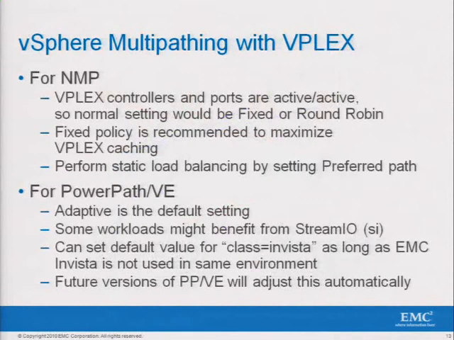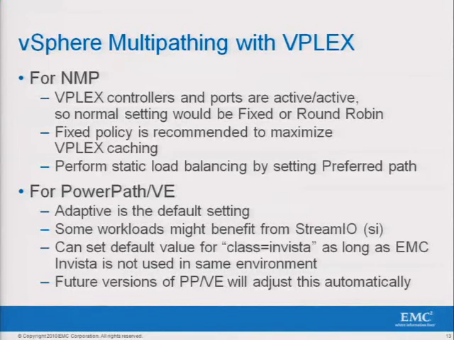All right. Now, talking about zoning and connecting naturally brings us to a discussion of multipathing. If I have a host and it has multiple connections, what am I going to do about multipathing? Because I'm going to see that LUN and I need to be able to manage those paths. We can work with NMP, the native multipathing plugin. Remember I mentioned earlier that vPlex is an active configuration.